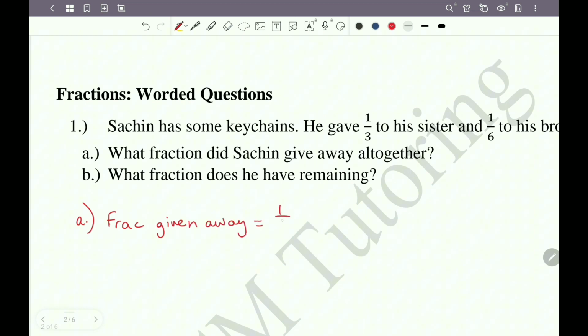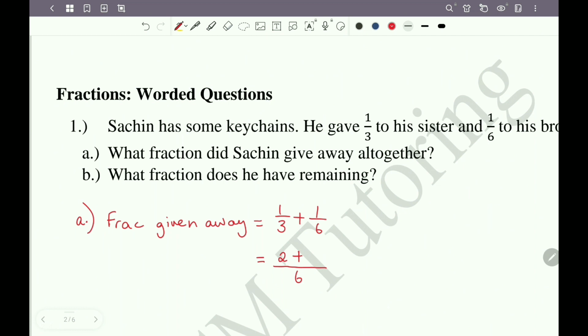So the fraction given away would be equal to 1/3 plus 1/6, right? And what we need to do here is find a common denominator, which we would use our LCM for that. The LCM of 3 and 6 is 6. So now to make some equivalent fractions, 3 into 6 is 2, and 2 times 1 is 2, right?